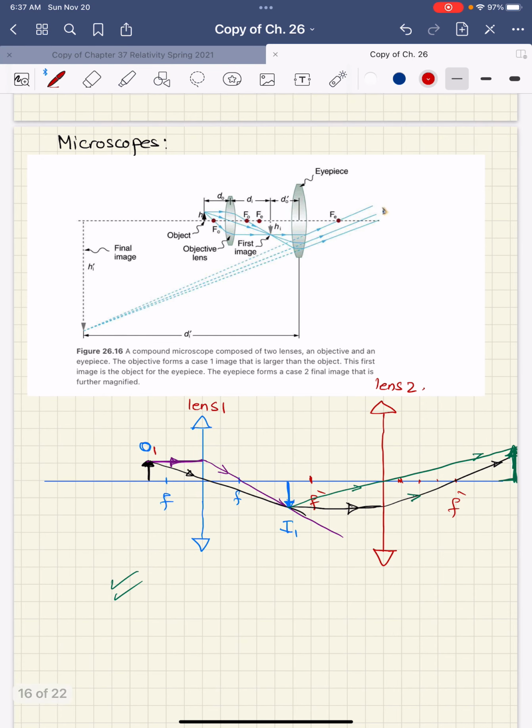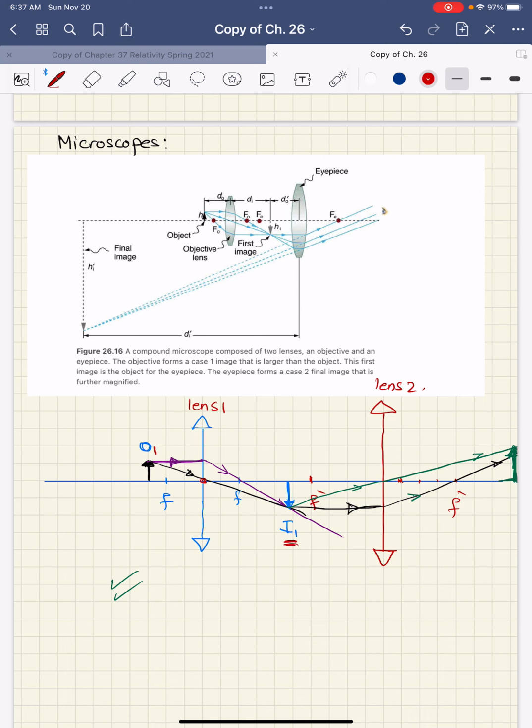Okay, therefore one light is going to go parallel to the optical axis and through the focal point, and the second one is going to go through the center. Therefore, this is my first image.